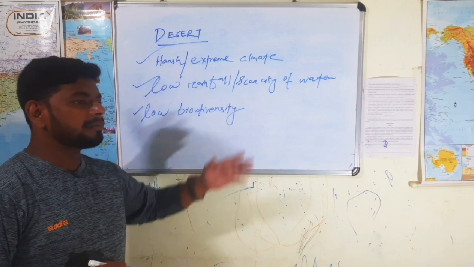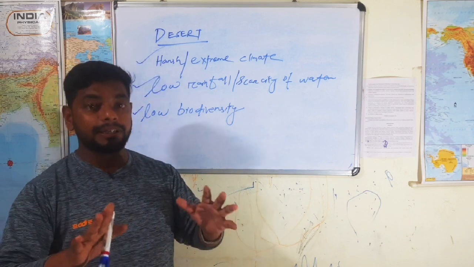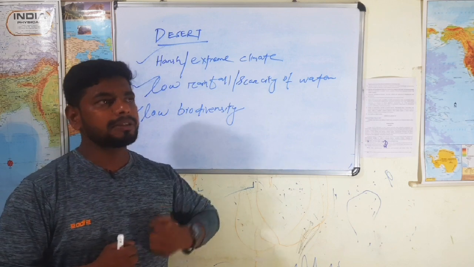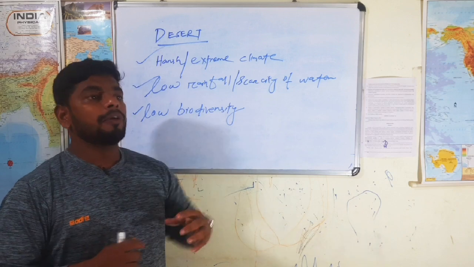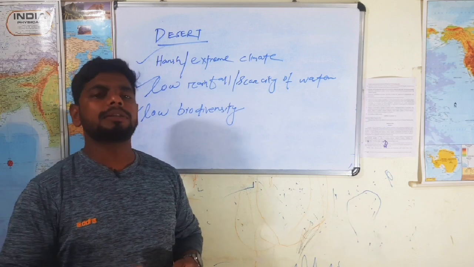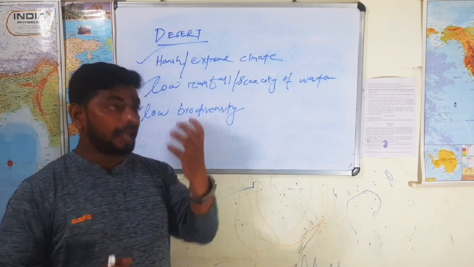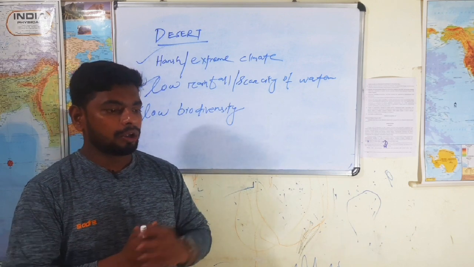Low biodiversity means the density of both flora and fauna is limited. Desert doesn't mean there are no plants and animals. Yes, very few plants and animals live there, those who can survive that kind of extreme environment.